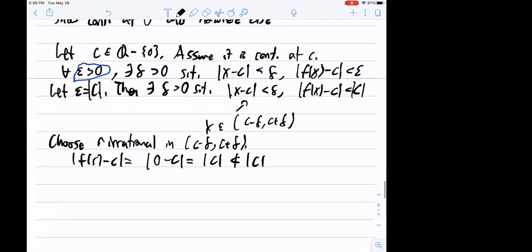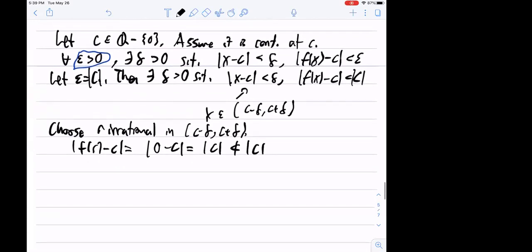So why is it not continuous on the irrationals? Let's see why. Let c be irrational. Let's write out the definition. This is a bit harder.